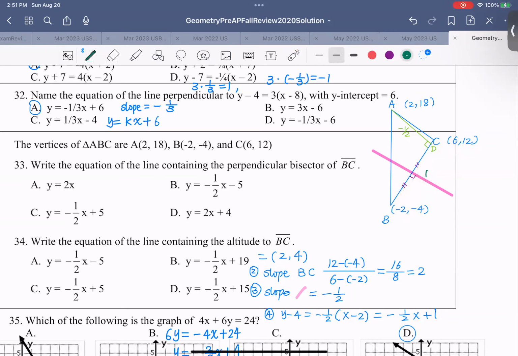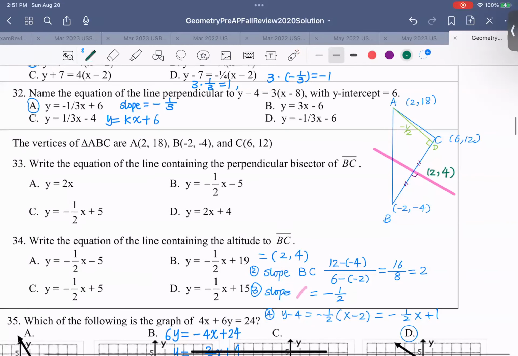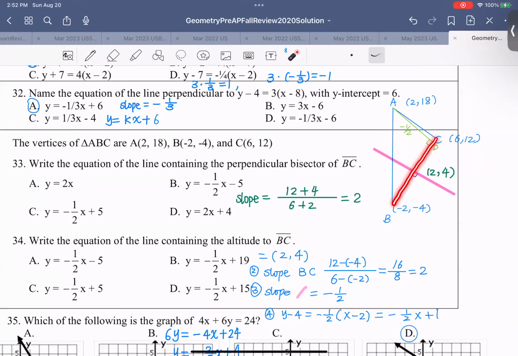The y will be 8 divided by 2, which is 4. You pass this point. Can we get this line's slope, please? 12 plus 4 over 6 plus 2, which is 16 over 8, equal to 2. This line's slope is 2.